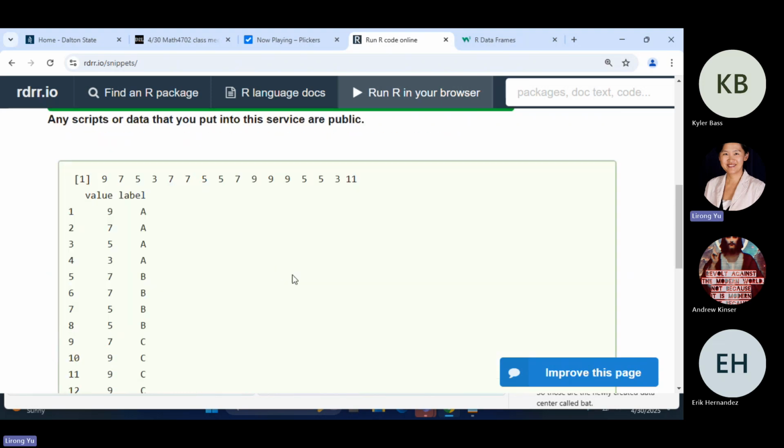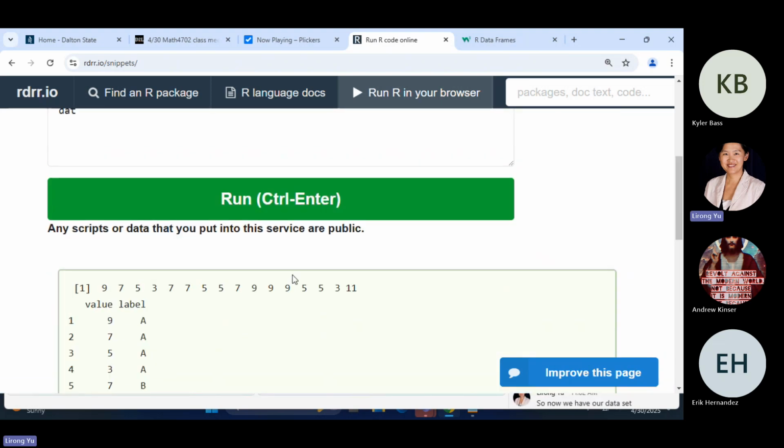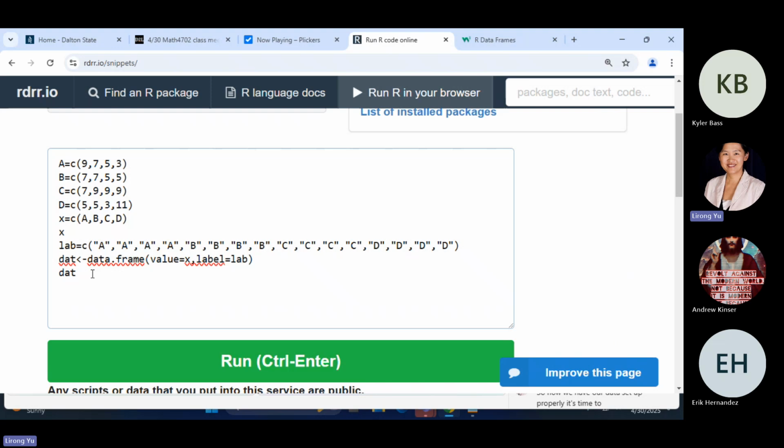So now we have our data set up properly. It's time to do the ANOVA test. We're going to try to find out how value is different between the different labels. That's the goal for the ANOVA test. We only have one category, in the label.